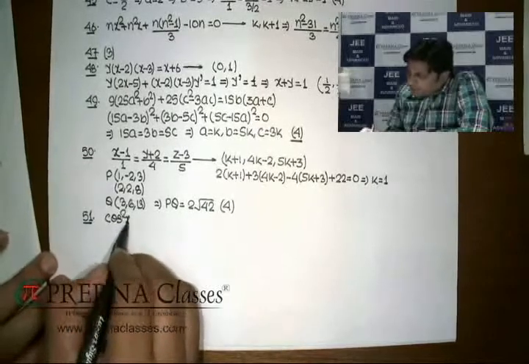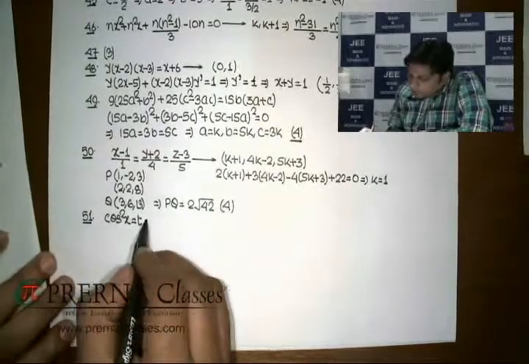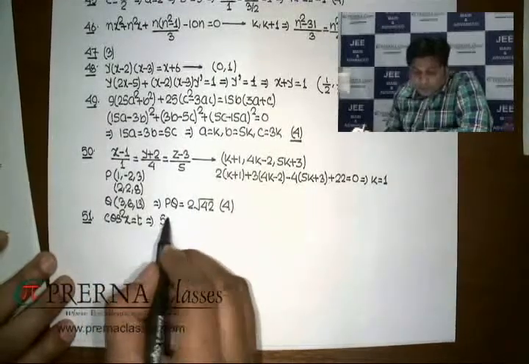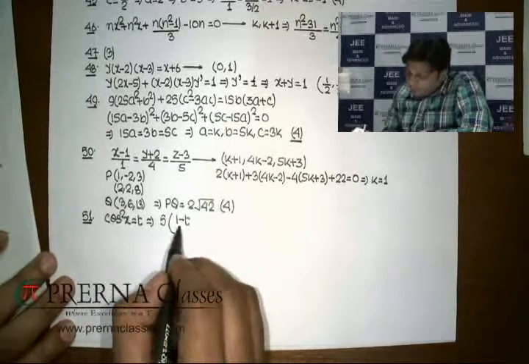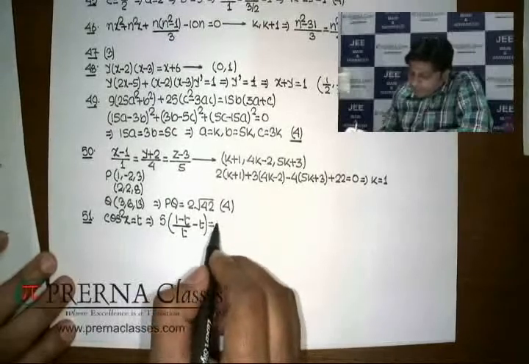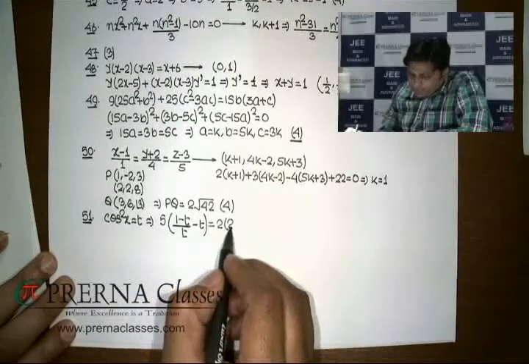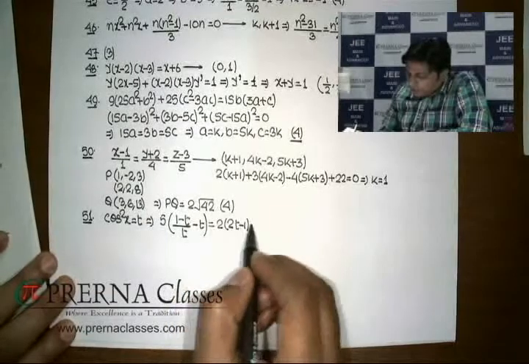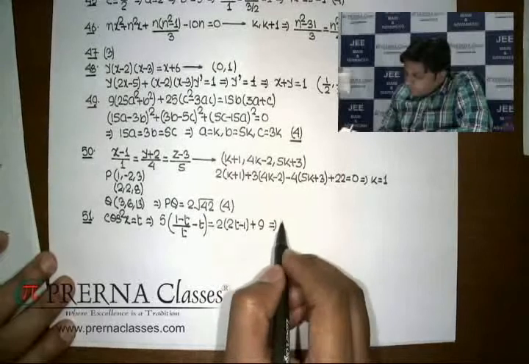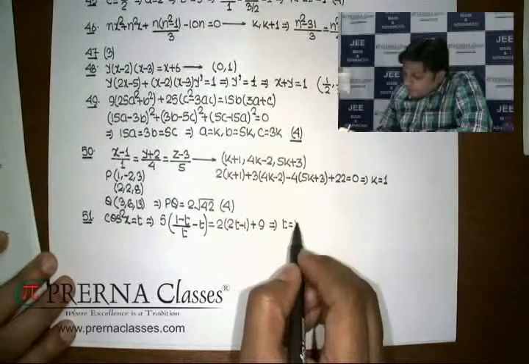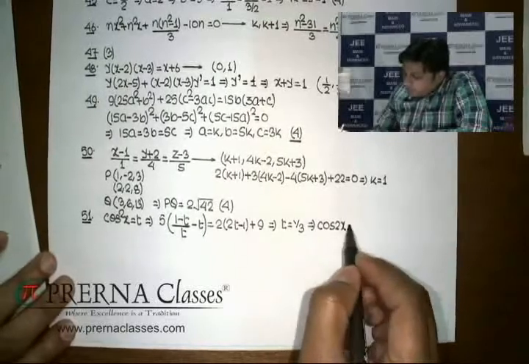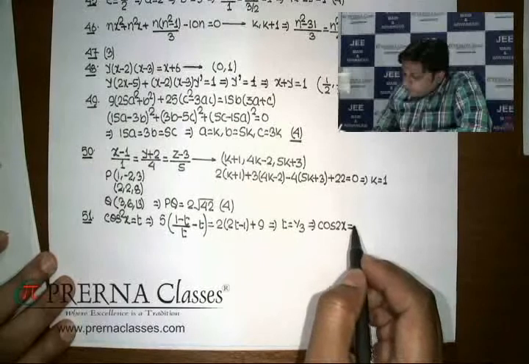Note that if we assume that cos square x is t, that is going to transform that given equation to 5 times (1 - t)/t - t = 2(2t - 1) + 9.